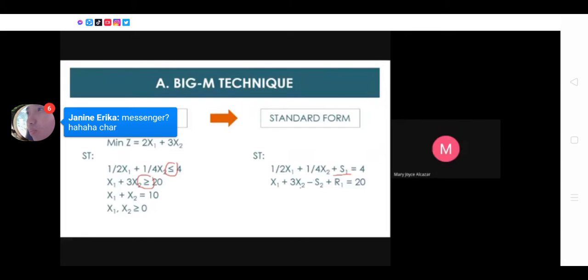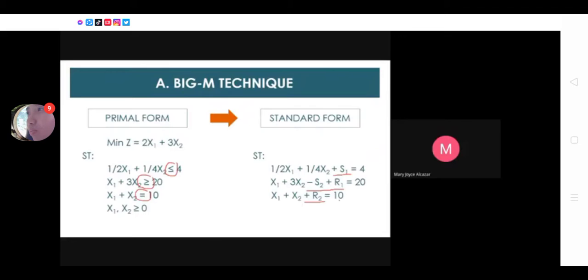So the equation becomes x1 + 3x2 − s2 + r1 = 20. Then the third constraint, x1 + x2 = 10, has an equal sign, so you just have to add another artificial variable. So the equation becomes x1 + x2 + r2 = 10.